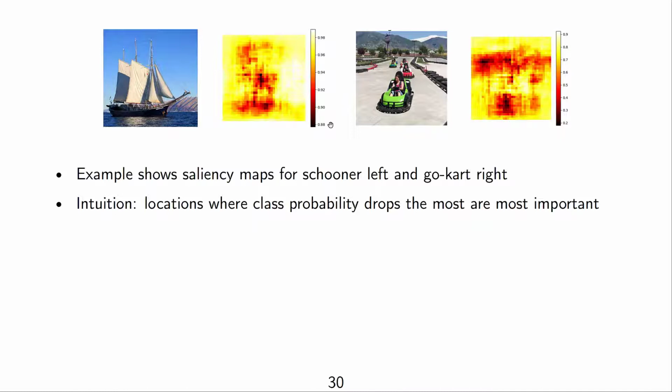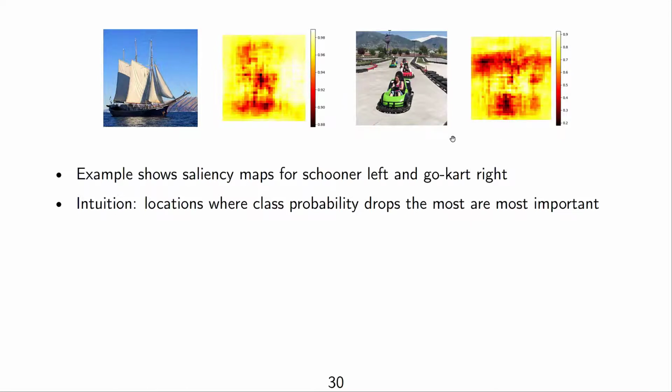Still not very low, it's like 0.88, but nevertheless the intuition still is that the more salient pixels are the ones that are most important. If this is the lowest probability here in the middle, that means if we cut out a square in the middle of the boat, then the algorithm becomes less certain about the result.